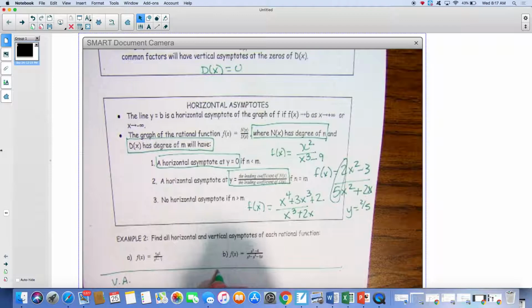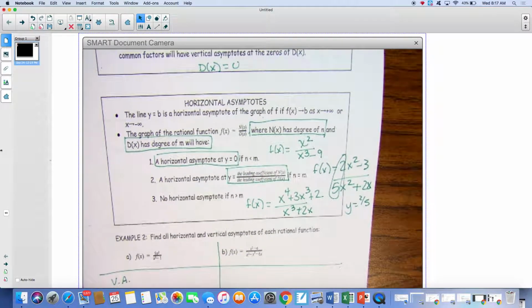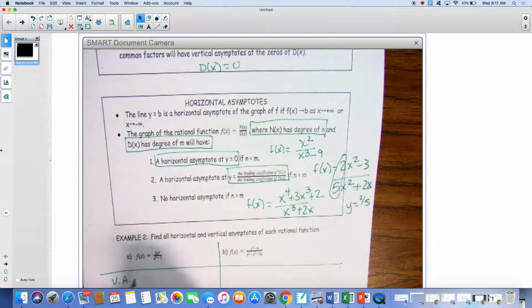So where do I find vertical asymptotes? It's where the denominator is 0. So where does x squared minus 1 equal 0?